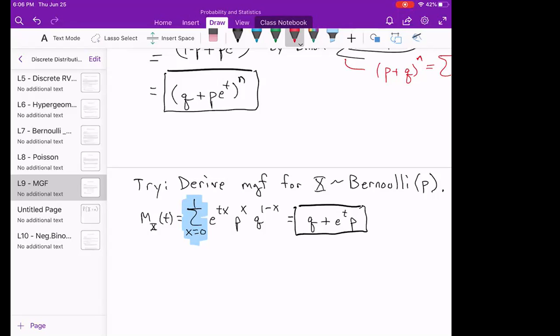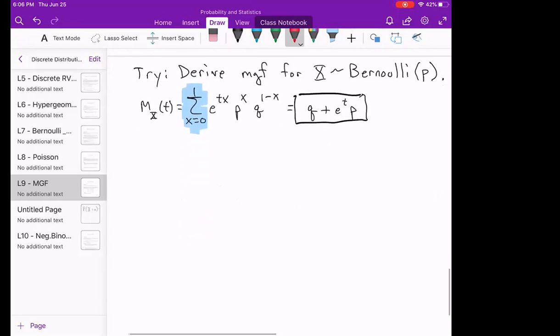So again, use this MGF, the one that we just derived for the Bernoulli distribution, to find mu and to find sigma squared. Again, I'll give a minute or so for you to work through that.